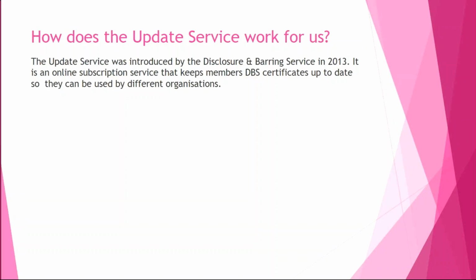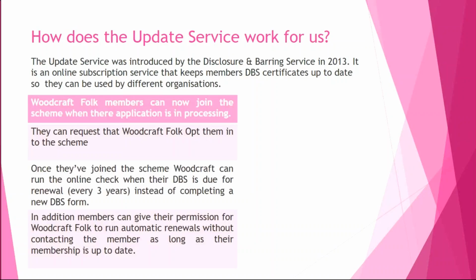So the update service works with Woodcraft Folk in two ways. The first way is members applying for a DBS with Woodcraft Folk, either as a renewal or for the first time. Volunteers who are applying for a DBS with us can request that Woodcraft Folk opt them in to the scheme.